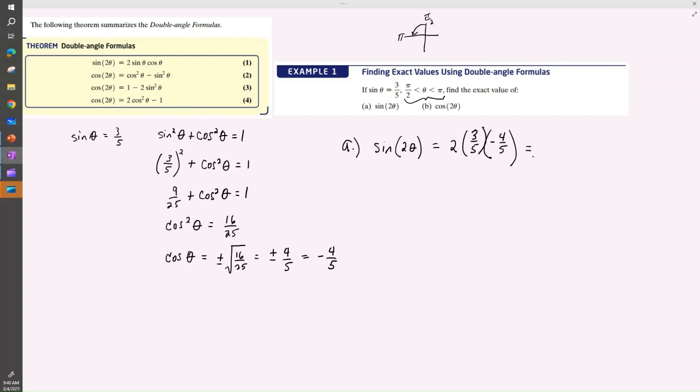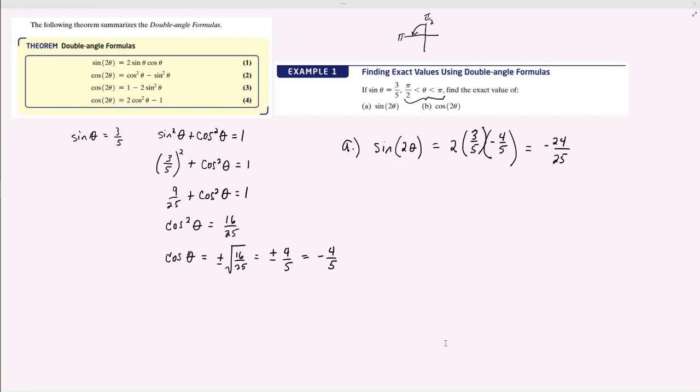Okay, so if we multiply all that together, we're going to get 24/5, and it'll be negative. I'm sorry, negative 24 over 25. Okay, and we can't reduce that.